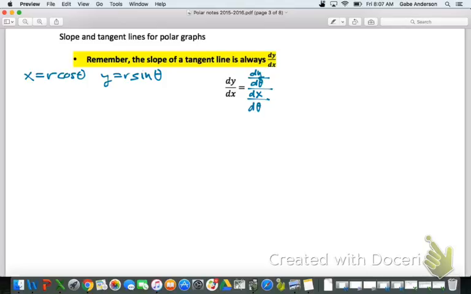So r equals 1 plus 2 cosine theta. r equals 5 cosine of 3 theta, that kind of thing. And so that r that you see there, the r cosine theta and the r sine theta, that r will be in terms of theta. So it's going to be x in terms of theta, y in terms of theta. So when you differentiate, you can get dx d theta and dy d theta.